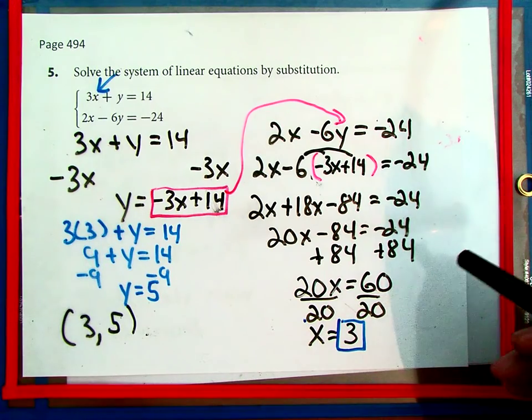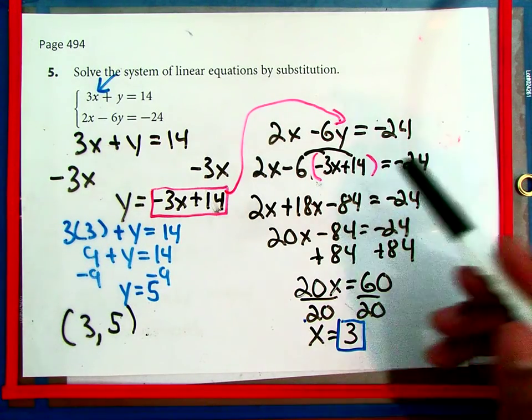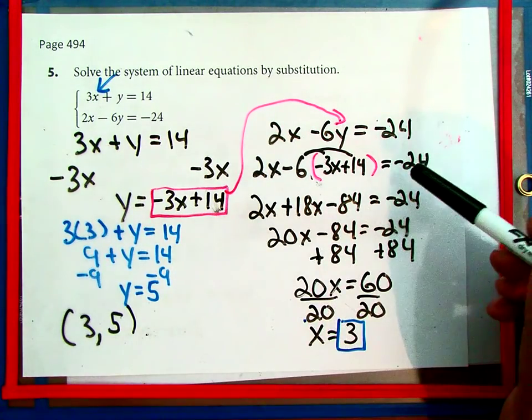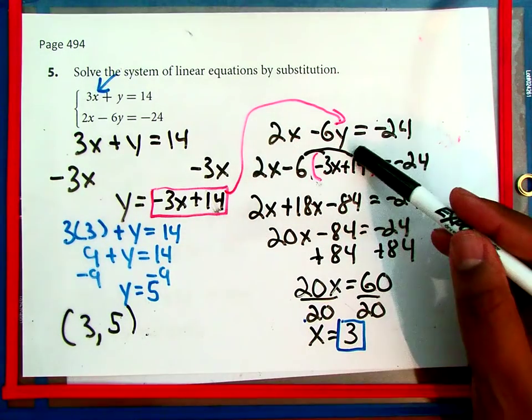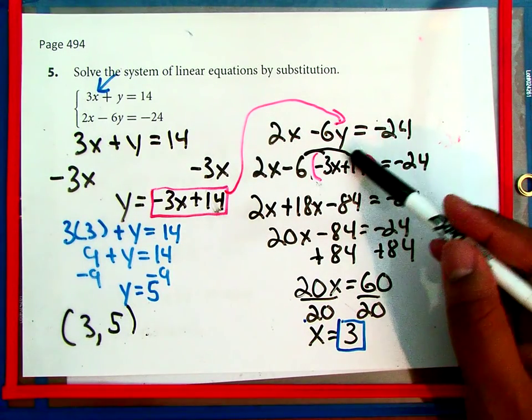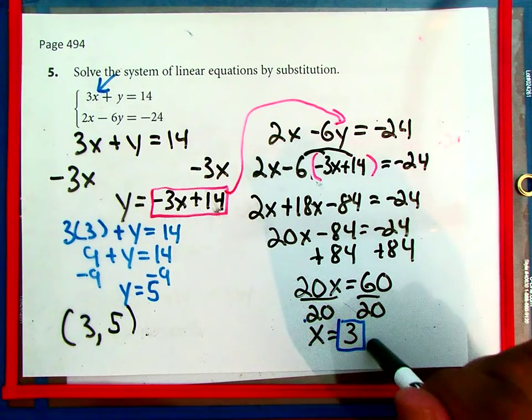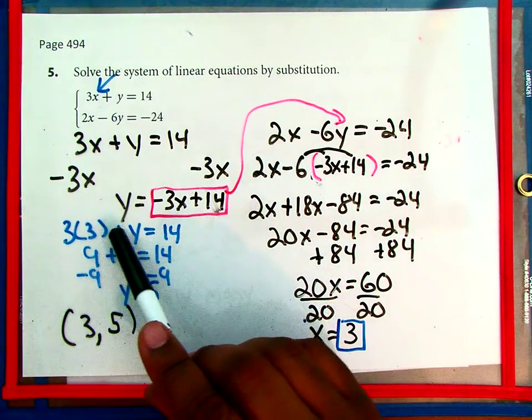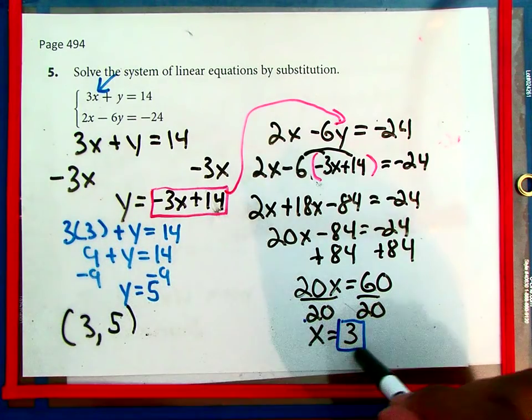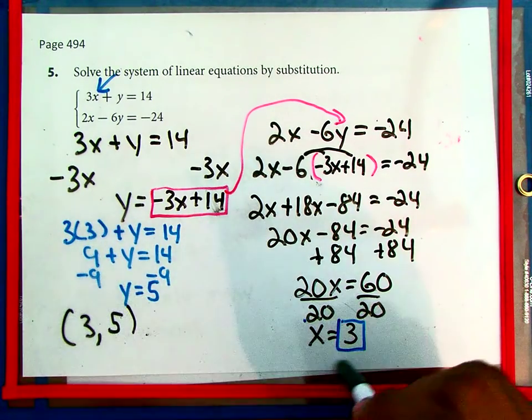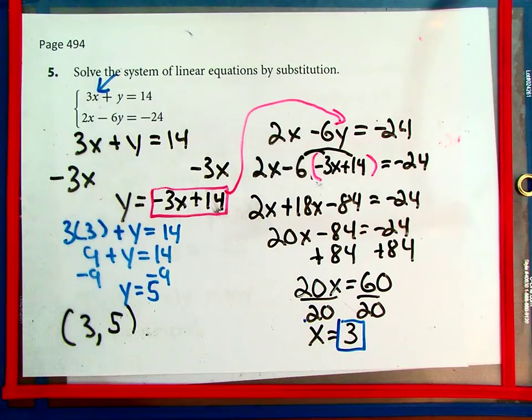So remember, you want to go through your steps: take one equation, solve for that variable, take it, plug it back in, solve for that unknown, take that value and plug it back into your original equation and solve. That way you get 2 numbers for your point, an x and a y.